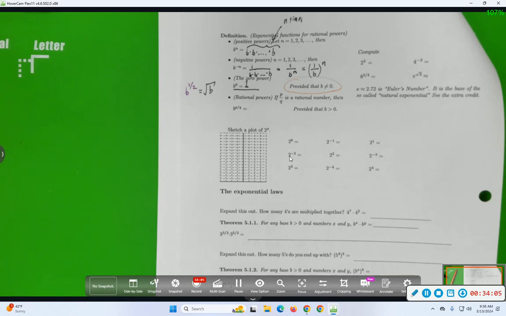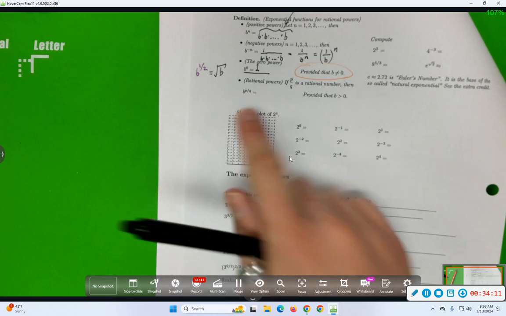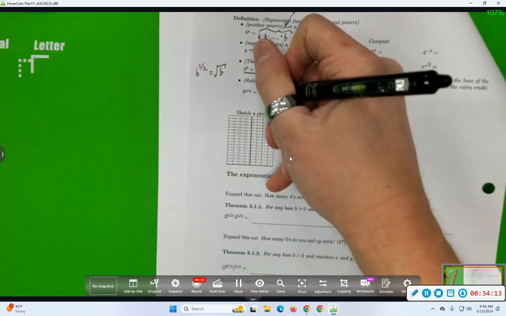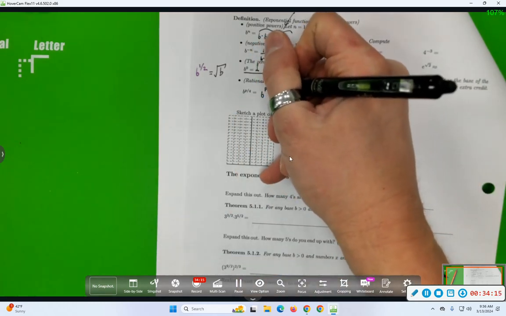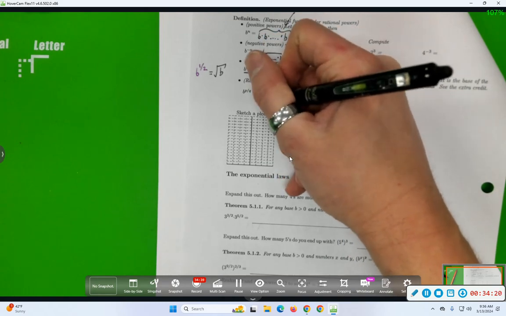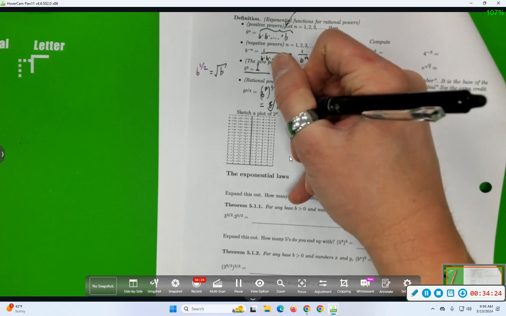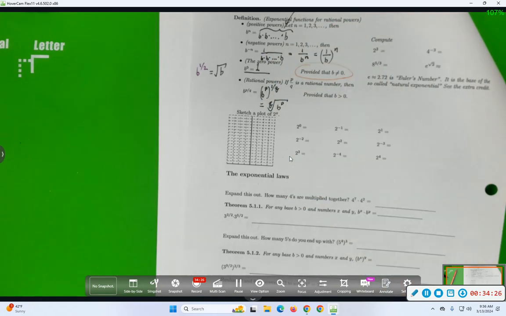If you see b to the 1/5, it means the 5th root of b. If you see b to the p over q, you'd interpret that as saying, we'll start with b, raise it to the pth power, and then take the qth root. So that's the qth root of b raised to the pth power. Whenever you see a fractional power, the denominator tells you what root you need to take.